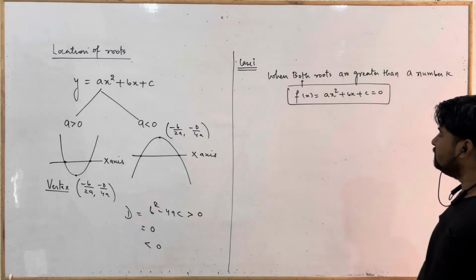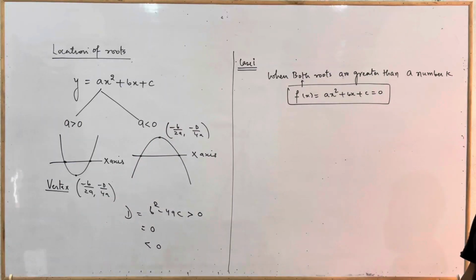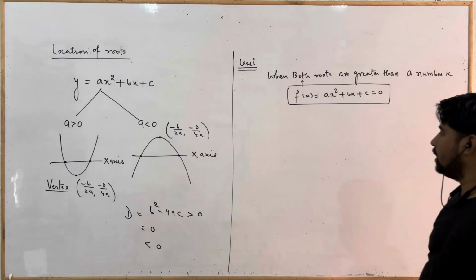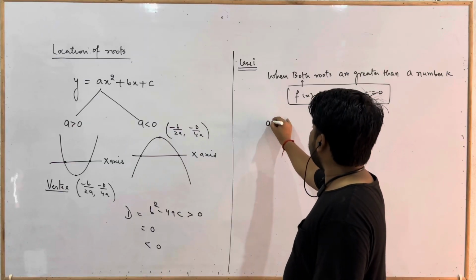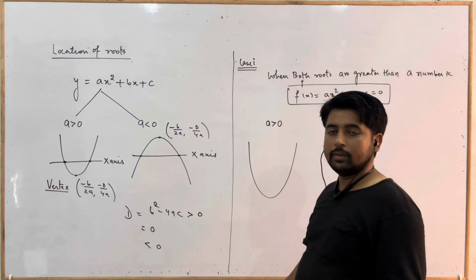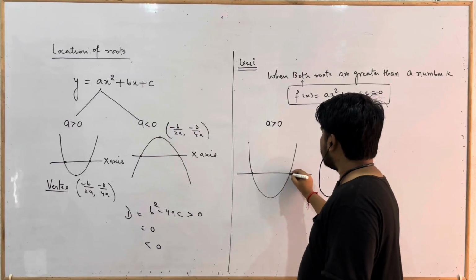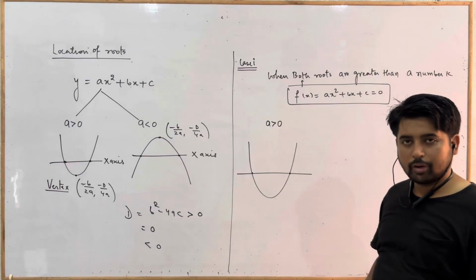Look at it. First, according to the condition, we will plot the graph. I am supposing that a is greater than 0, so it should be an upward parabola. If both roots are there, that means the x-axis cuts the graph at two distinct points.